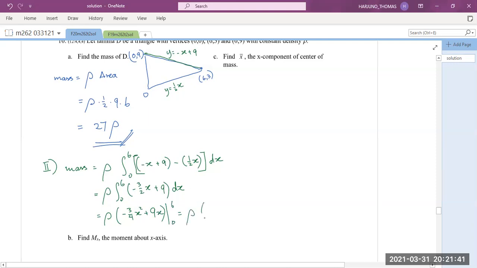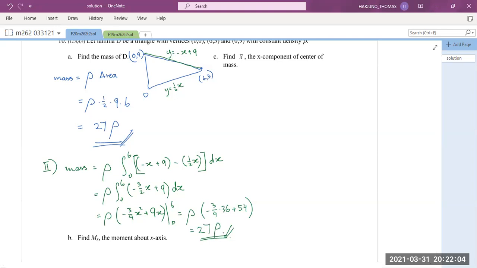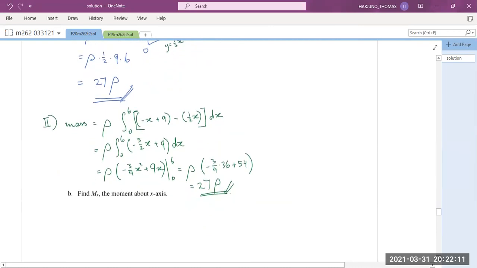That is rho times negative 3/4 times 36 plus 54. So that's 27 rho. But there's a good thing that we actually do the integral, set up the integral here, because we need that in part B.